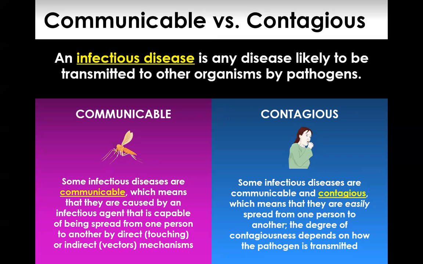If we have direct contact, then this is a communicable disease. Something that is contagious is easily spread. So I might not have direct physical contact, but if I cough, or if they use my pen, which may be a fomite, then they can end up with this particular disease because they have acquired that pathogen. That pathogen was transmitted.